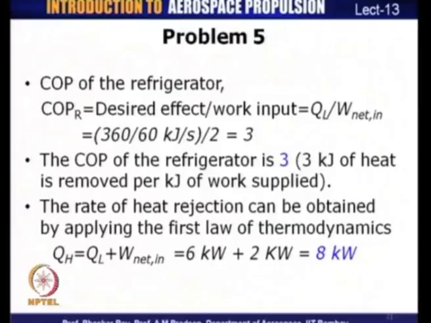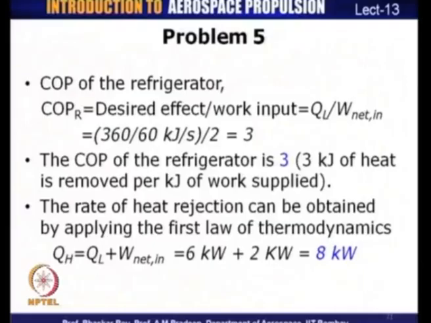QL is given as 360 kilojoules per minute, that is 360 divided by 60, which is 6 kilojoules per second, which is 6 kilowatts. And so, 6 plus the work input of 2 kilowatts is equal to 8 kilowatts.